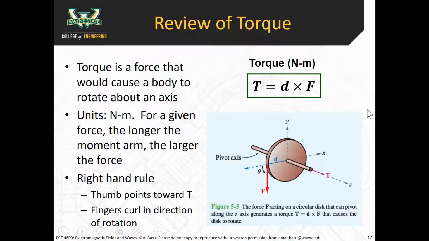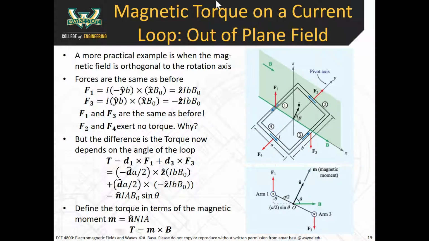So what's going to happen to the torque? Let's see if we can just think about this qualitatively. What happens if D and F are perpendicular to each other? You get the maximum torque. What happens if D and F are parallel to each other? Zero. You get zero torque, right? So what ends up happening, the direction of the force is still the same.